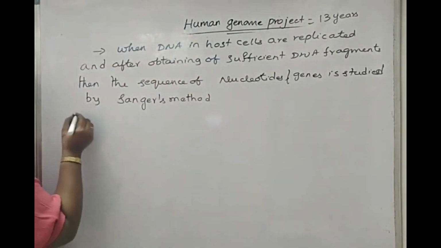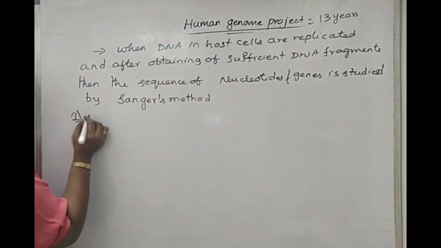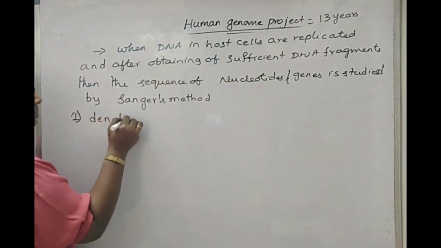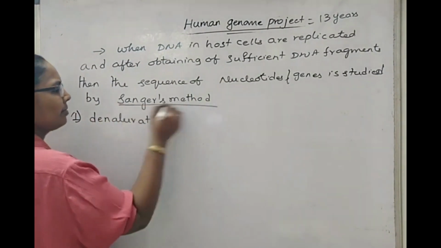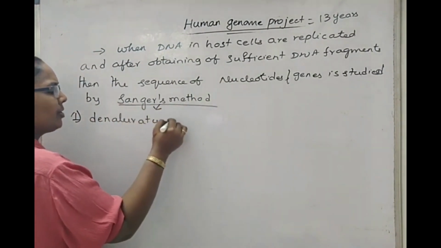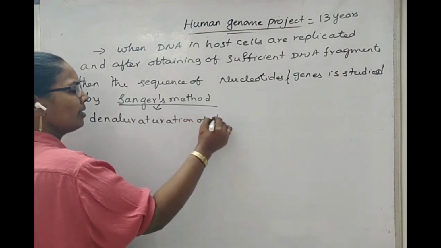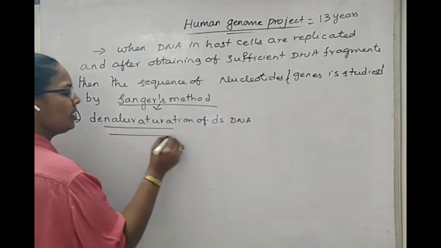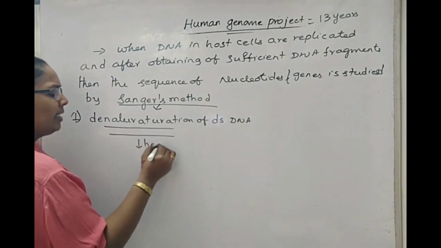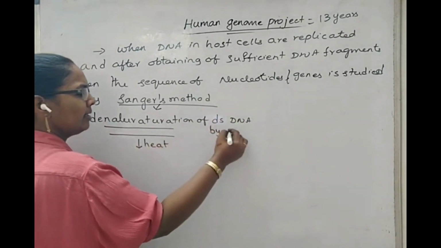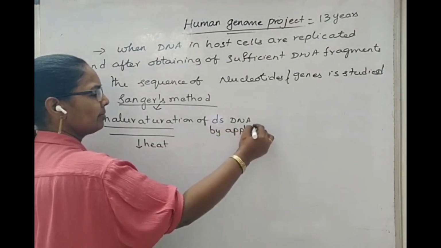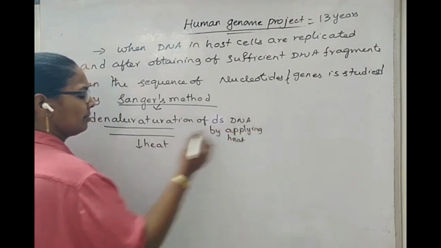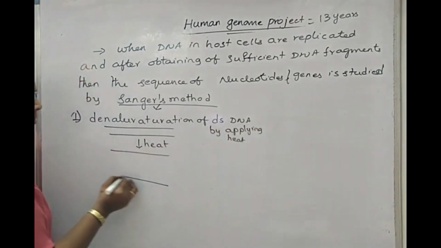In case of Sanger's method, the first step is denaturation of double-stranded DNA. Means the DNA which is double-stranded, when heat is applied, the strands become unwound.